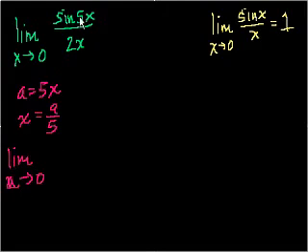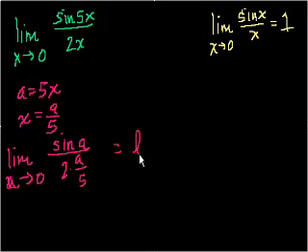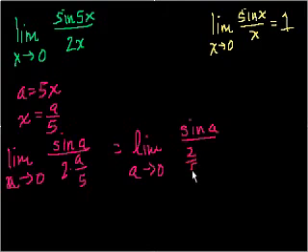So the limit as a approaches 0 of sine of a over 2 times x, but x is a over 5. So it's 2 times a over 5. And so that is equal to the limit as a approaches 0 of sine of a over 2/5 a.